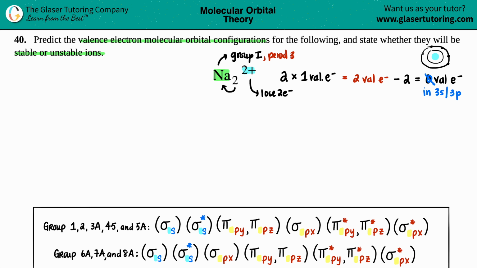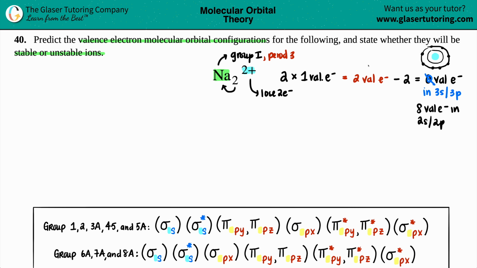And you got a full set there, right? Because in order to go from n equals 2 to n equals 3, you got to have a whole set. And a whole set for n equals 2 is 8 electrons: 2, 4, 6, 8. So instead of saying 0 valence electrons in the 3s, 3p, n equals 3, you really have 8 valence electrons in your 2s and 2p because you got a full set.